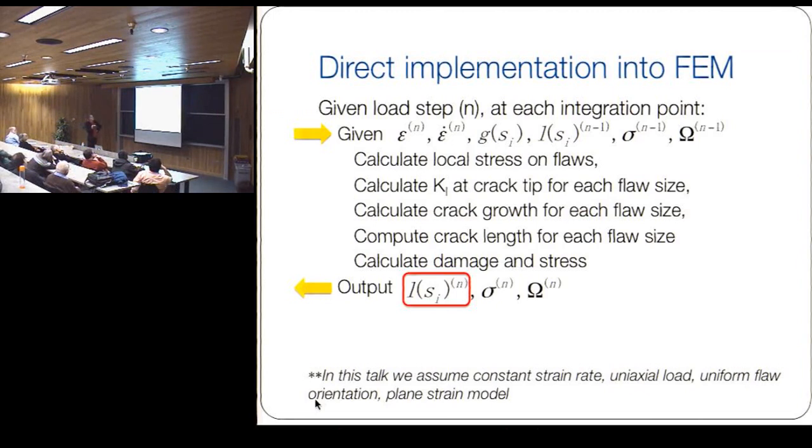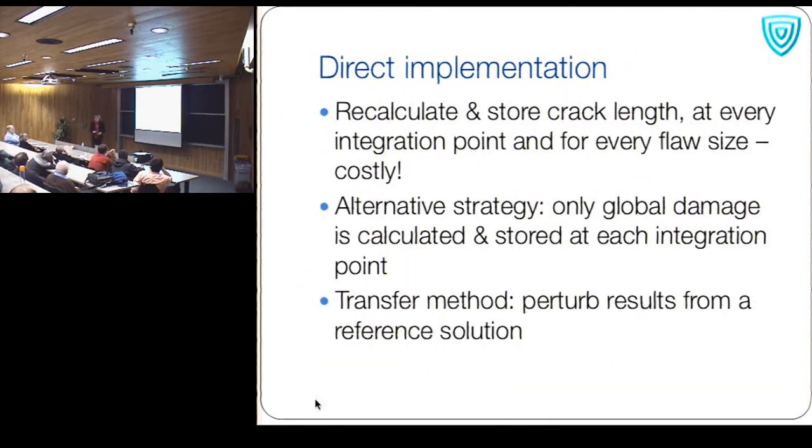So we're given a load step at each integration point. We are trying to figure out the output: new crack length, stress, and damage. We can do this at every integration point. You have its own crack population, and you're tracking the cracks there, and here a different population, and here a different population. But we started thinking, they're not all that different from each other.